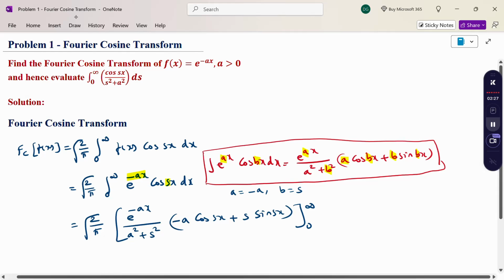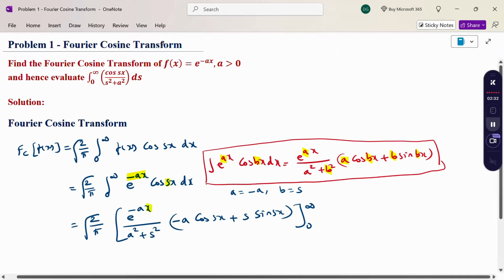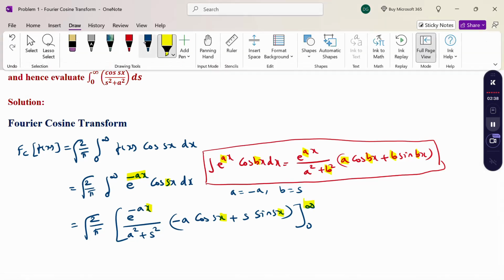Now substitute the upper limit and the lower limit in x. When I substitute the upper limit infinity, the terms give infinity plus any value, so the values are infinity only.